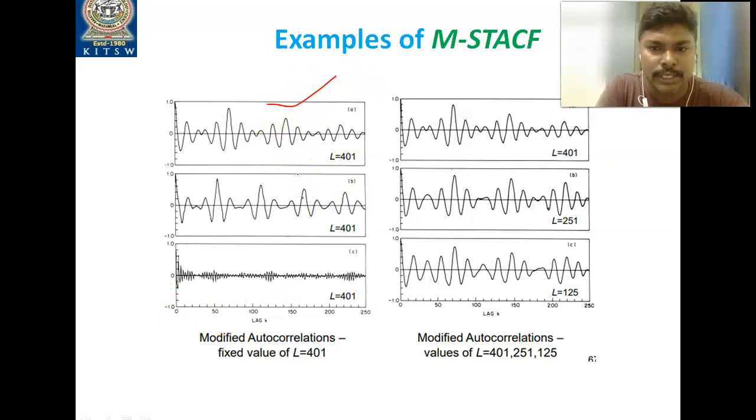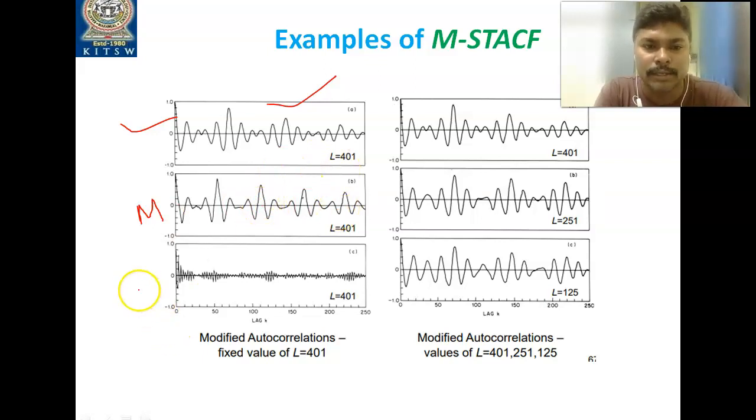You can clearly see this is the short-time autocorrelation function, and this is the modified short-time autocorrelation function. See the difference: the peak is higher in this. That is the difference we notice.